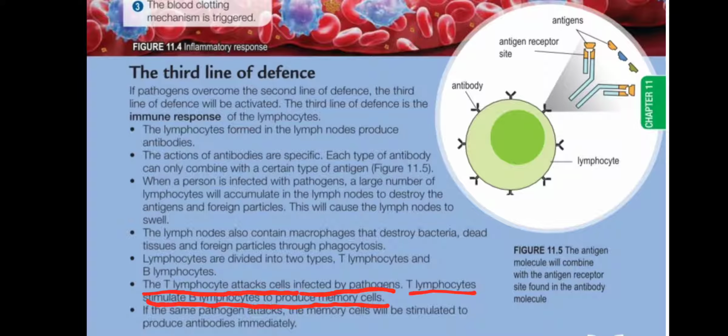Okay, kalau sebelum ini, before this dia attack for the first time. T lymphocyte akan attack cell infected by the pathogen, and then the T lymphocyte also stimulate the B lymphocyte to produce memory cell.